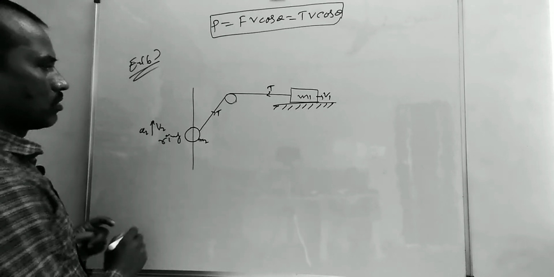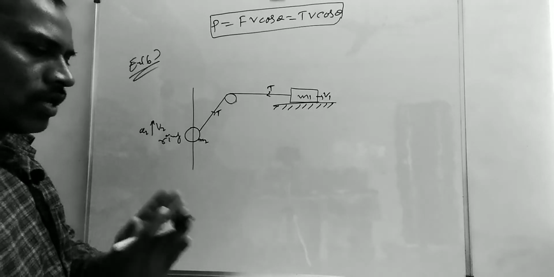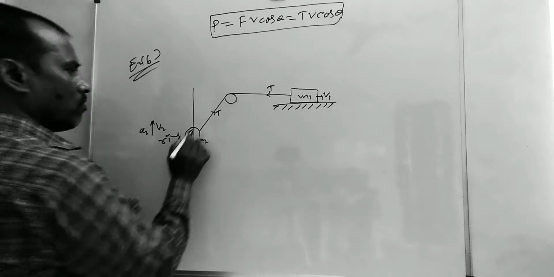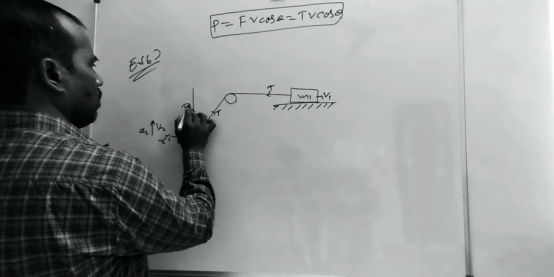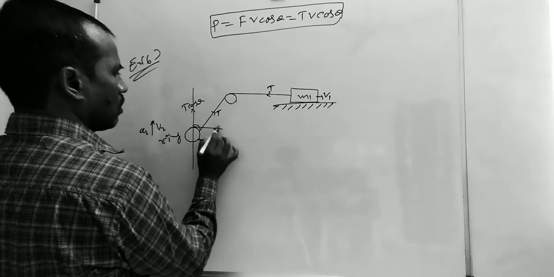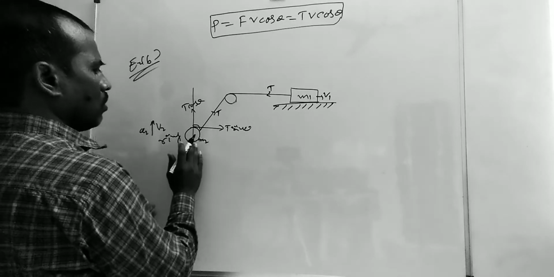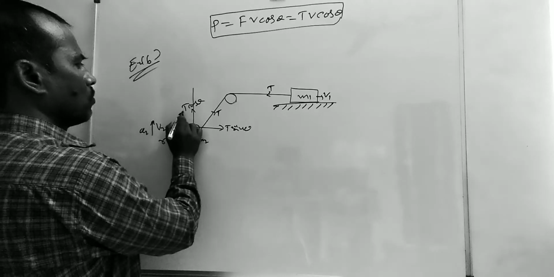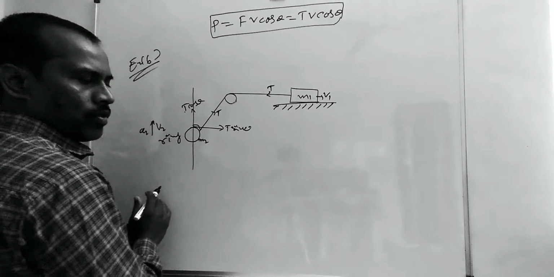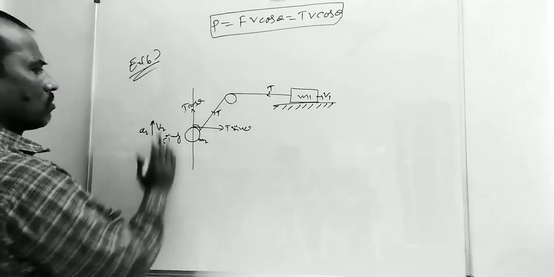Upward direction. The tension is resolved into two mutually perpendicular components: T cos theta and T sin theta. The ring moves forward because of the tension component T cos theta, so both are in the same direction.